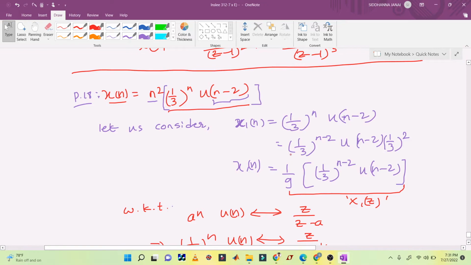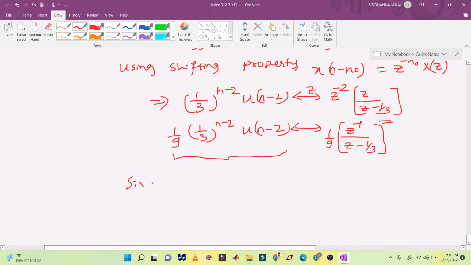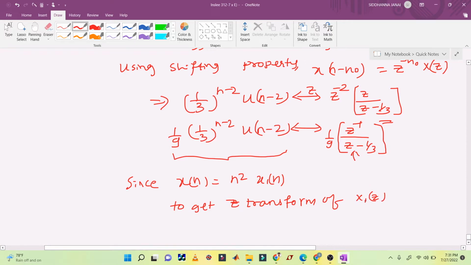So we have to apply 2 times, since x of n is equal to n square into x1 of n, to get the z transform of x of z, we need to differentiate x1 of z twice.